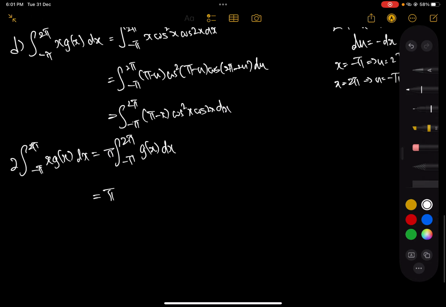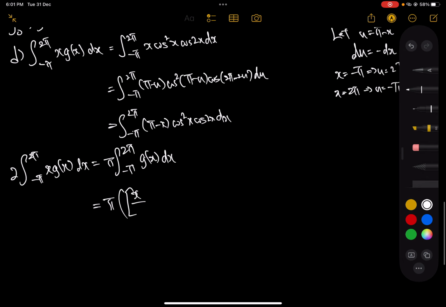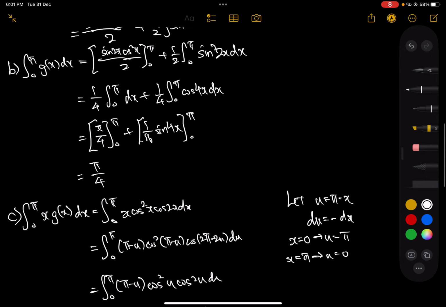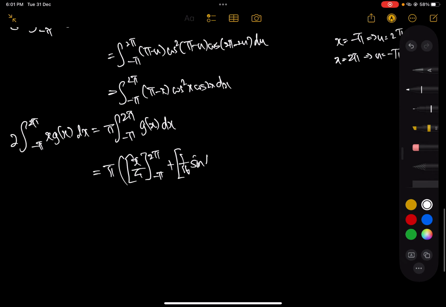is equal to pi times this thing. So this is just pi times x over 4 from negative pi to 2 pi plus 1 over 16 sine 4x from negative pi to 2 pi. And this is 0.